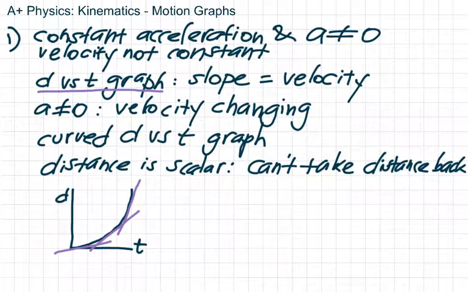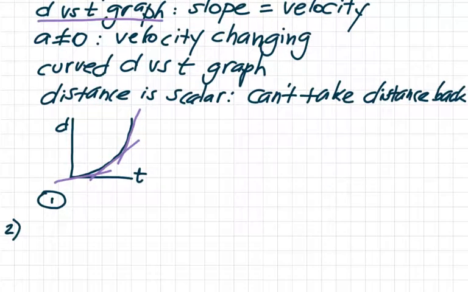And we have a medium positive velocity, which would be moving forward quicker. And then we have a large positive velocity, which would mean moving forward faster, which kind of goes with accelerating, which is what the description of the problem was. It said that you're accelerating, and so the velocity is increasing. So not only is the D versus T graph curved, but it's curved like this, so it's choice 1. Let's look at number 2.